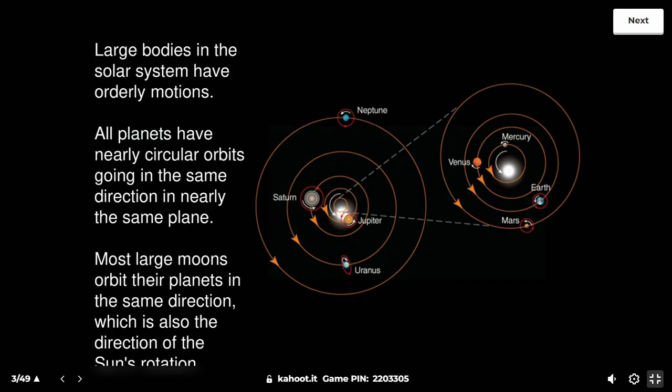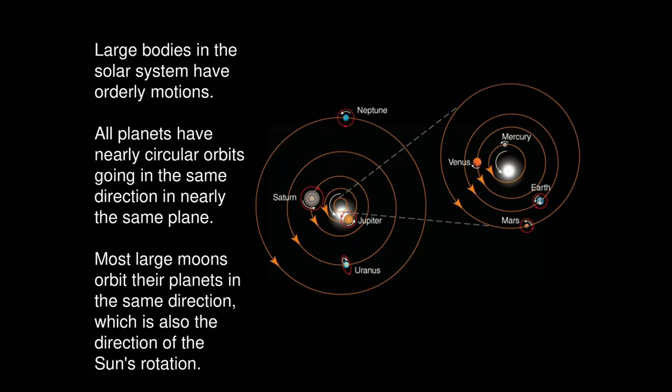So if we look at the orbits and the rotations of all of the planets in the solar system, all of the orbits all go in the same direction. So if you're looking from a top-down view, all of the planets orbit the sun counterclockwise.